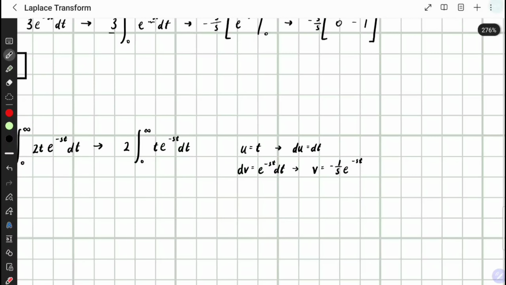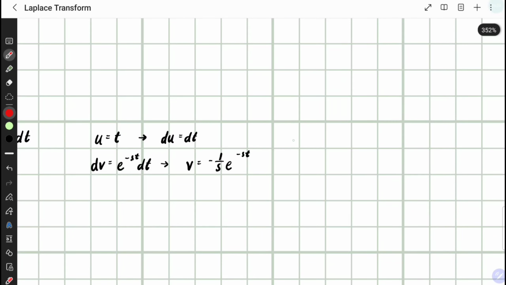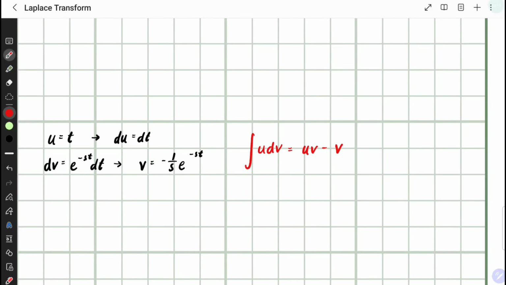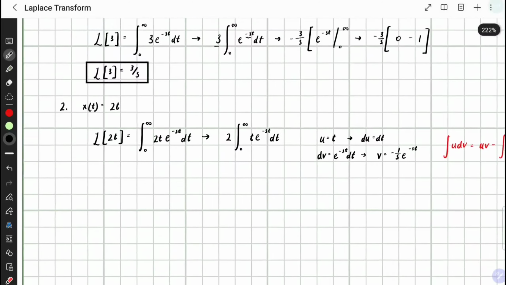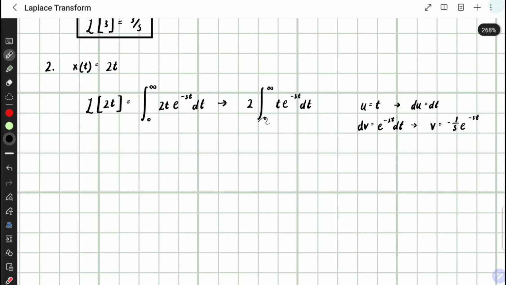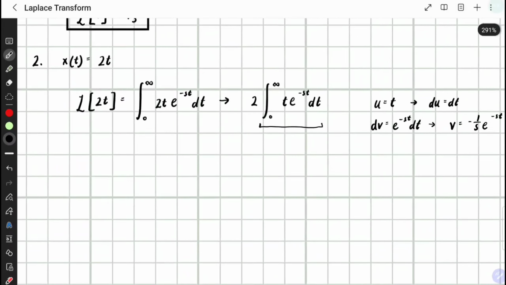And if we remember the formula, the integral of u dv is equal to uv minus the integral of v du. So right now we're just solving for, we'll worry about the 2 later, but we're solving for this part here using this substitution.